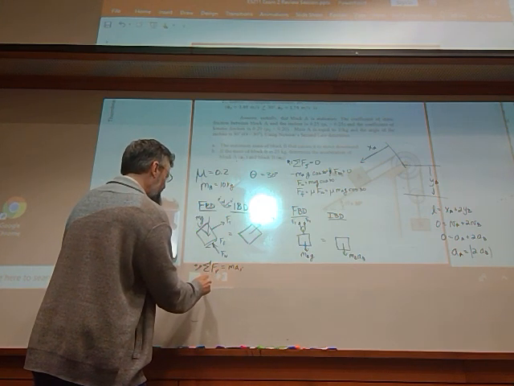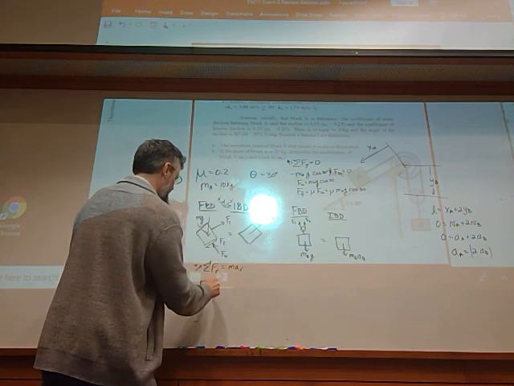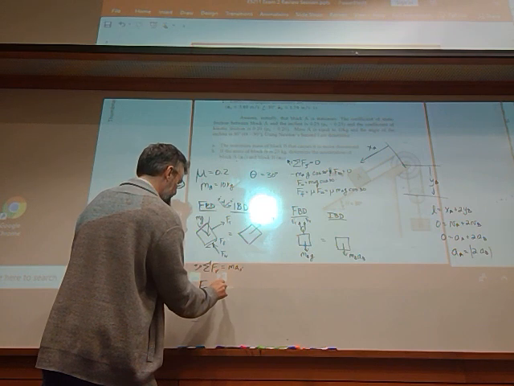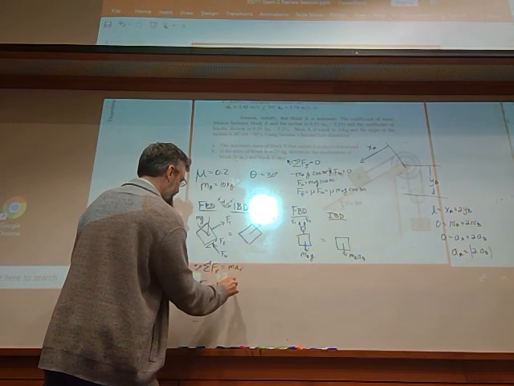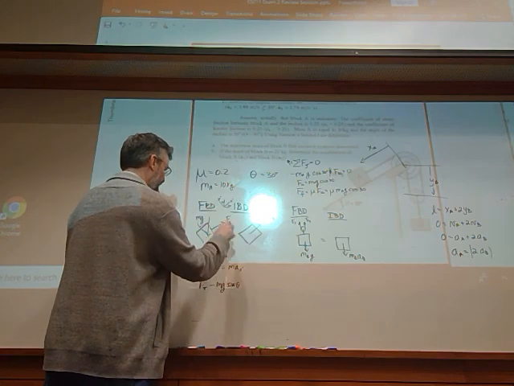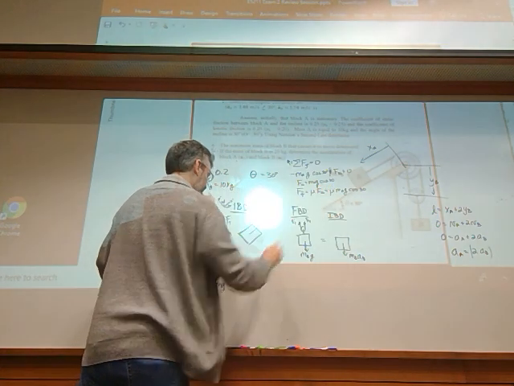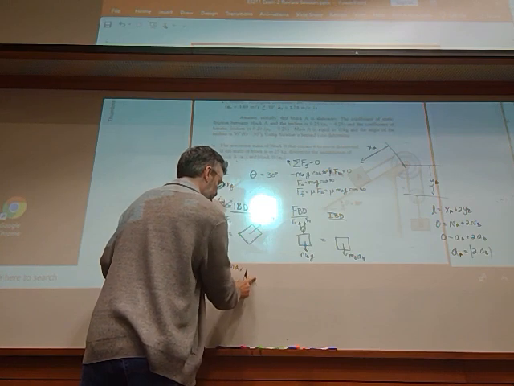So once again, we say our FT minus G times the sine of theta and minus our mu. This time it's going to be a different value of mu times not Fn.